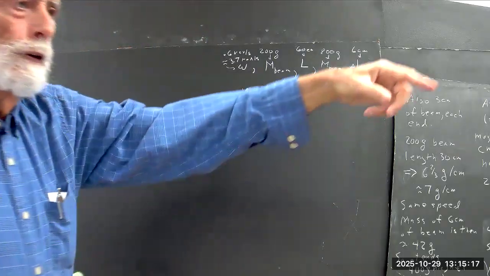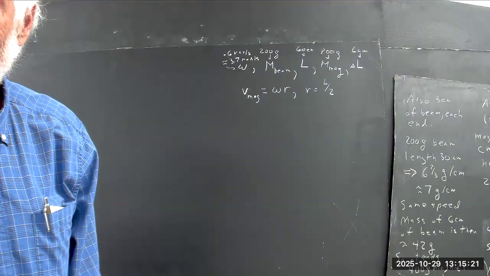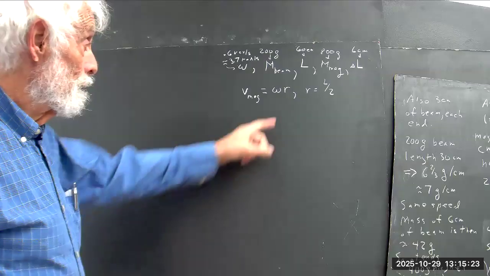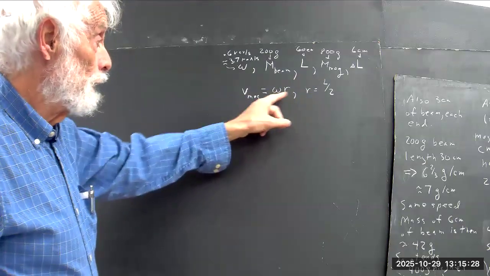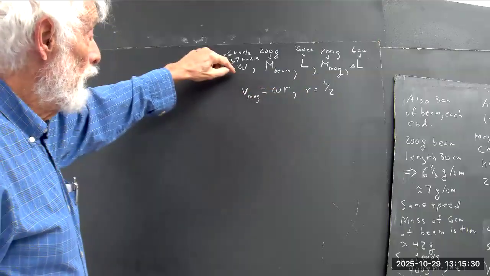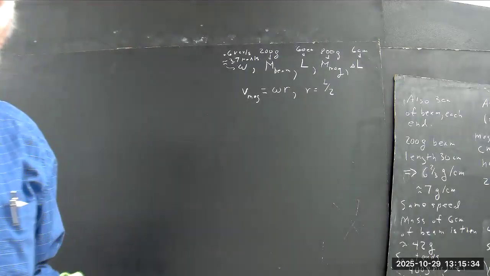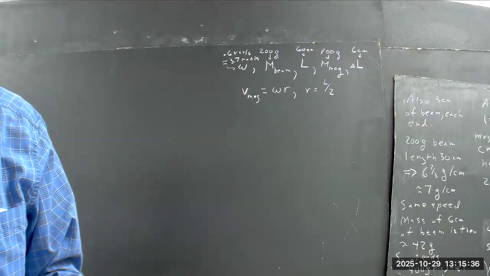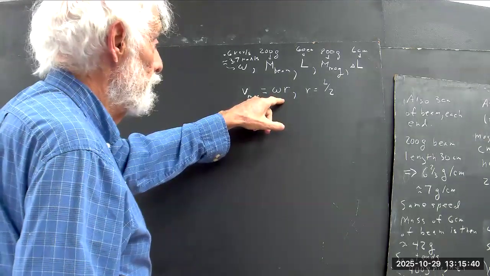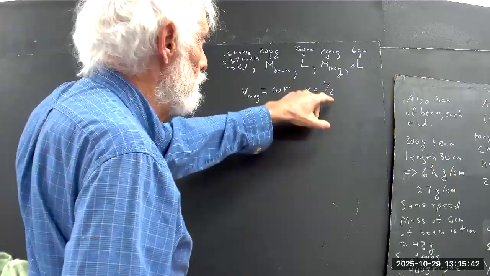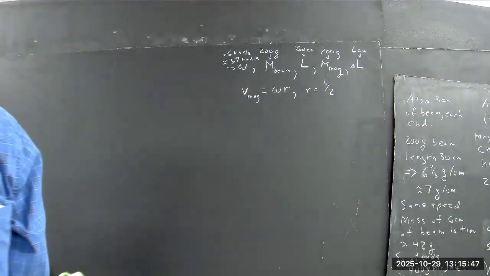R being half the length of the entire beam. That makes sense? R is 30 centimeters, the length of the beam is 60 centimeters, so R is half the length of the beam. I didn't list R as one of the variables up here. Could have. But I'm introducing it here and making note that R equals L over 2. So anytime we want to replace R by L over 2, we can do it.